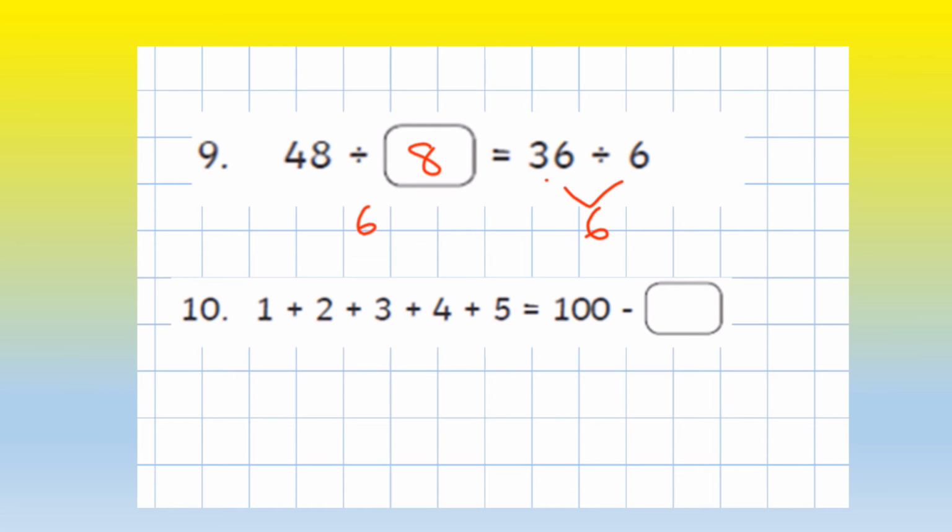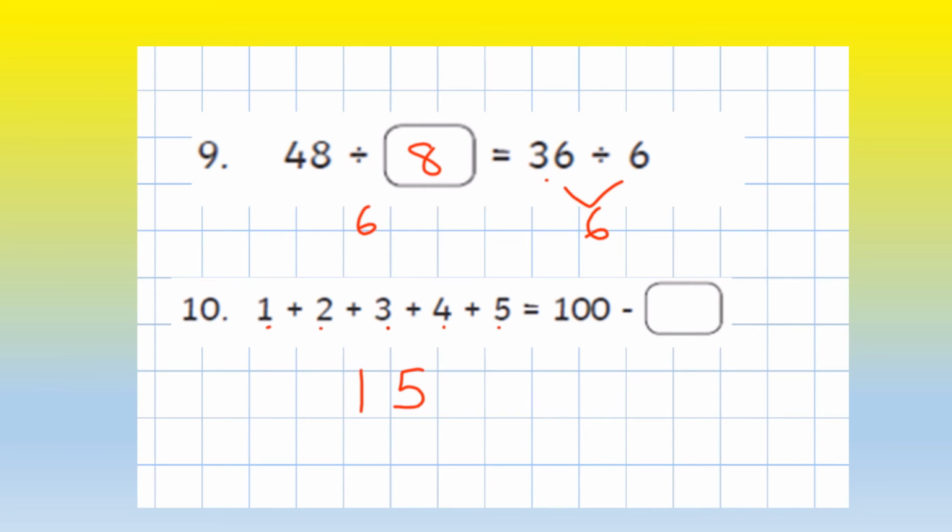Nice one here. We've got 1 plus 2 plus 3 plus 4 plus 5 is the same as 100 subtract something. So let's work out our first part. We've got 5 and the 4 and the 1, that makes 10, plus 3 is 13, plus 2, that is 15. Okay, so the bottom part is 15.